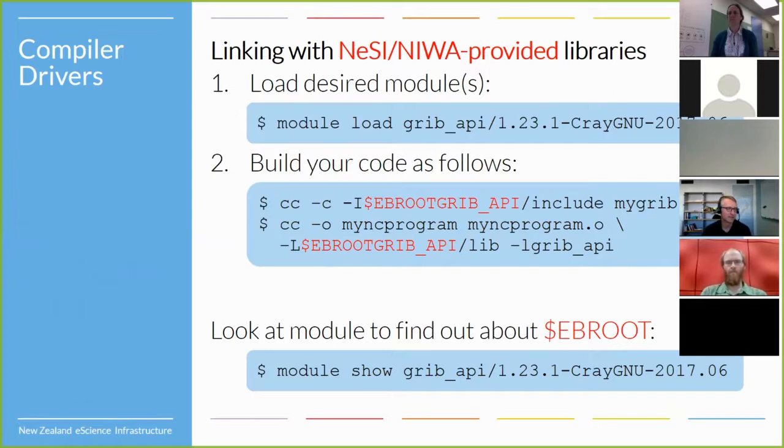So these environment variables that I used here, EBROOT, that's something that the EasyBuild software management system does automatically. It defines these environment variables, then adds on the name of the module, so EBROOT grib API or EBROOT ESMF, whatever the library name is, gets appended, and then you can use that environment variable to avoid having to write down the exact place where these libraries are and where these include files are.